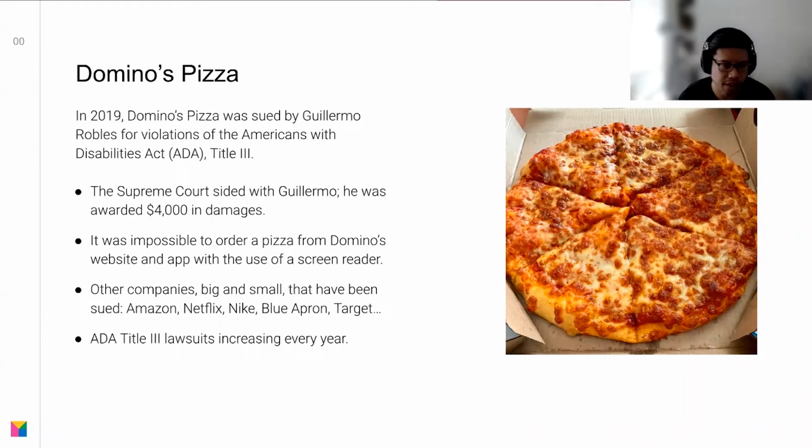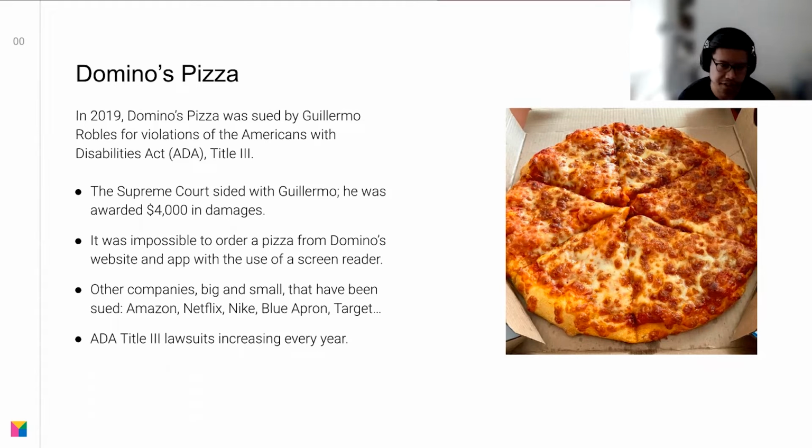And you might look at $4,000 and think it's not that big. But if we look at the list of other companies that have been brought to court, including Amazon, Netflix, Nike, Blue Apron, Target, and such. Target, in particular, was brought to court in 2008 and sued by the National Federation of the Blind. This was a class action lawsuit, and if you know anything about class action lawsuits, they're generally larger, right?